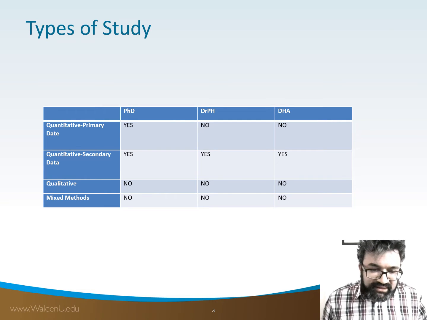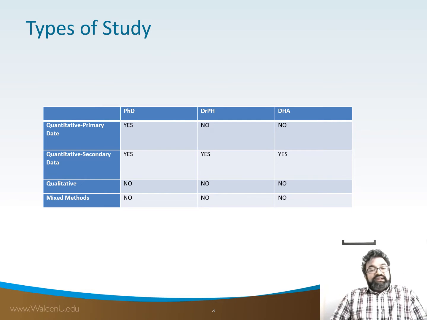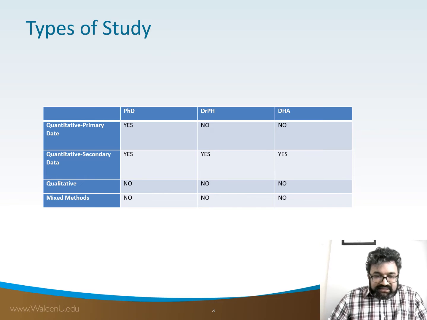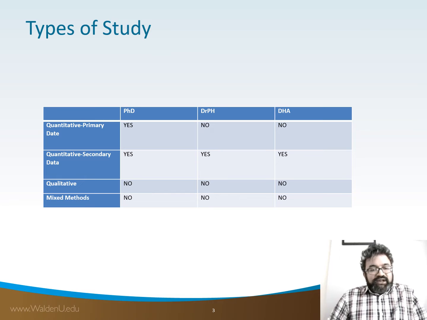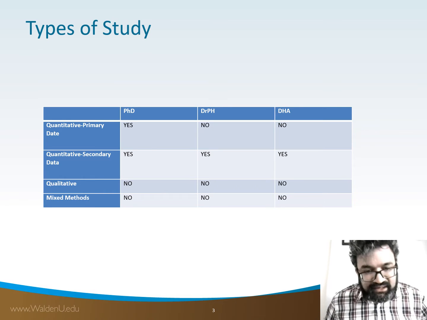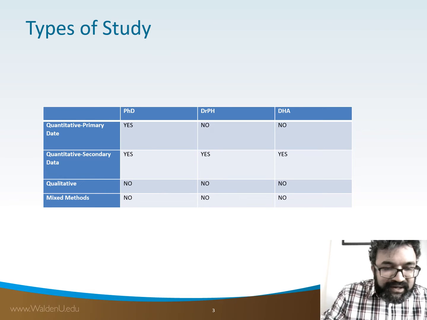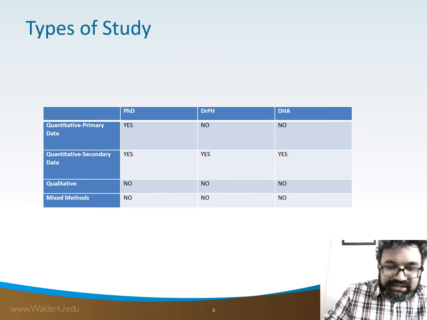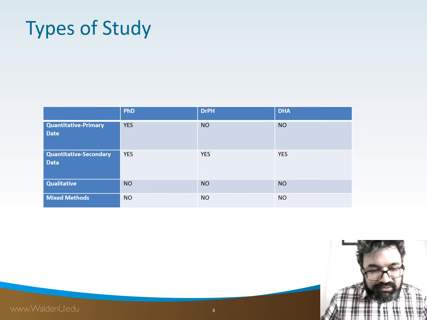Some of this information actually might have changed since before, but I just wanted to show you. I created this table, and at the time, I wanted to show the different types of research studies that exist. And I divided it up by program type, but that's no longer really relevant.